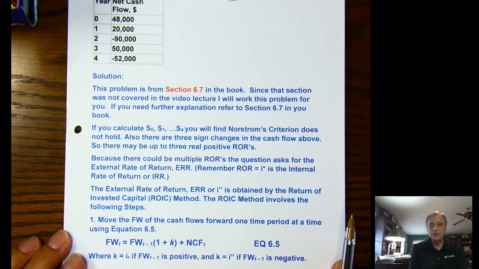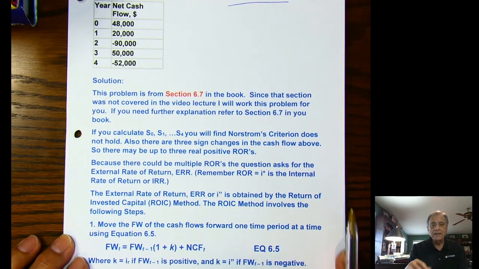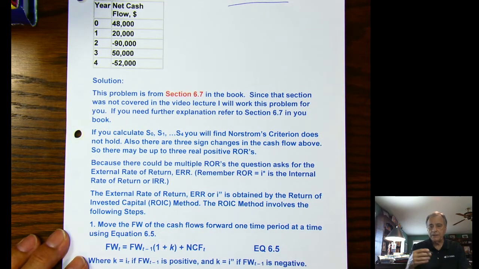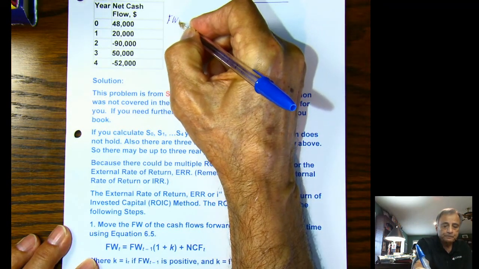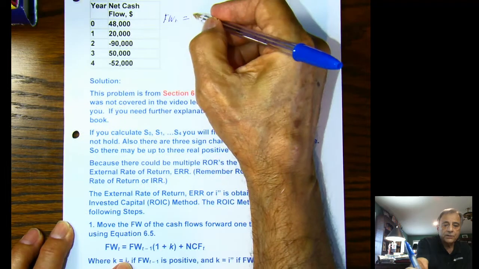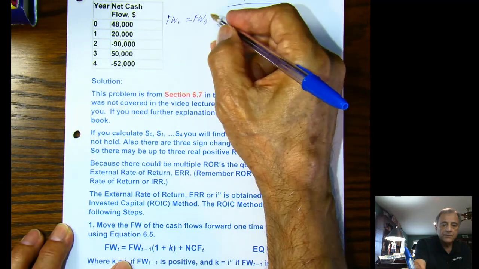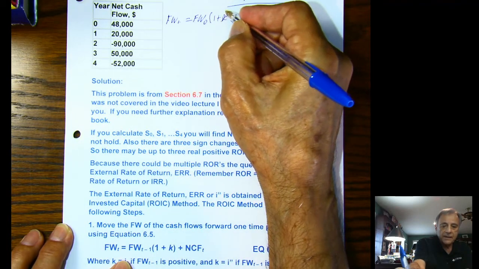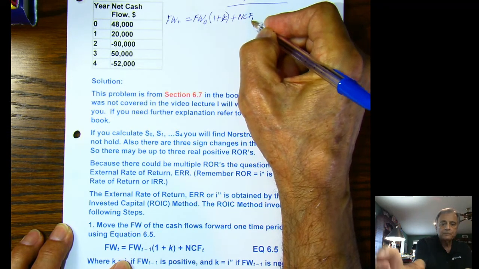I'm going to start it off here where you can see it and do one step, and then I'll take this off and we'll do additional steps, okay? So we're going to start at time 0, so we'll get the future worth at time 1, using this equation, equal to the future worth at time 0 times 1 plus K plus the net cash flow at time 1.